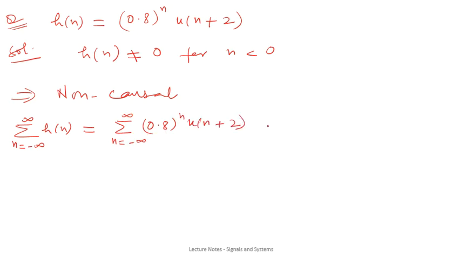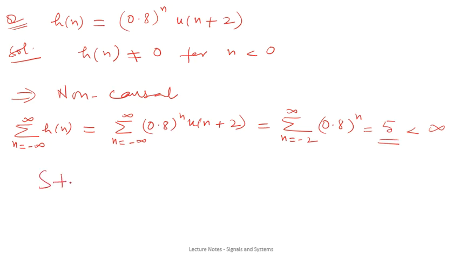Okay, let me just write it completely. Obviously the limits will be modified according to the unit step signal. So this will come as 5, which will mean that this is a stable system. So this system which is given to you in the problem was a non-causal and a stable system.